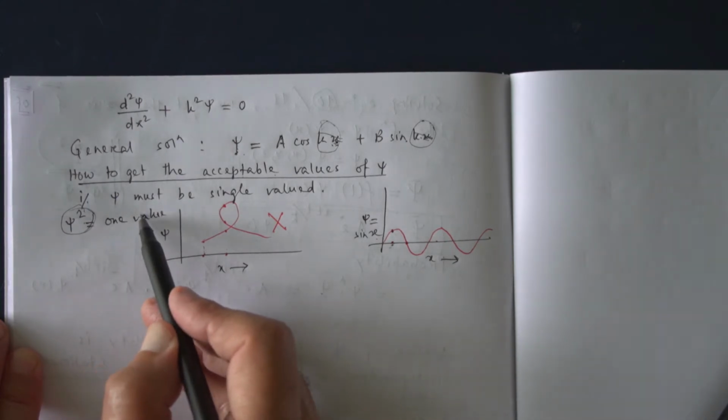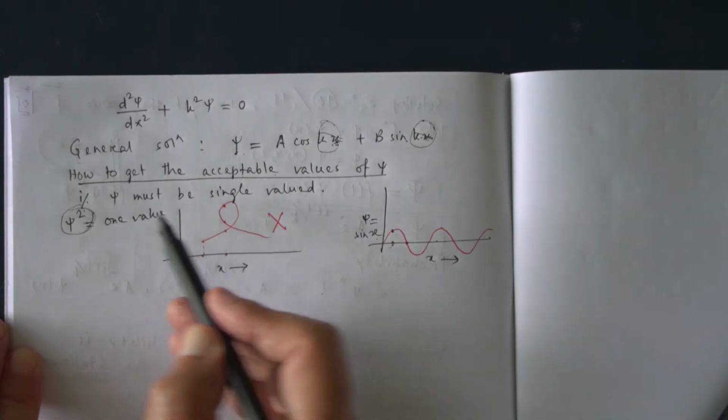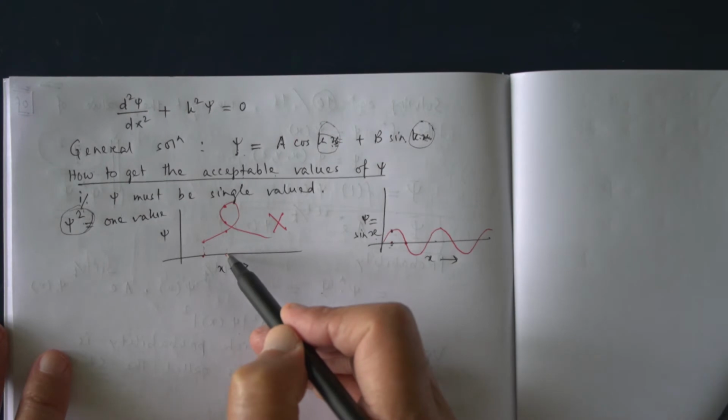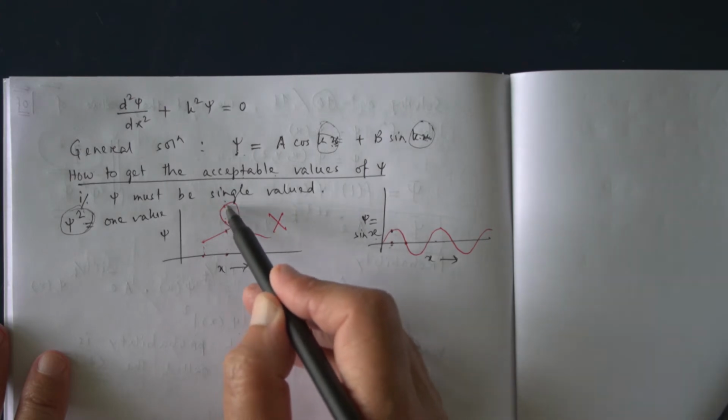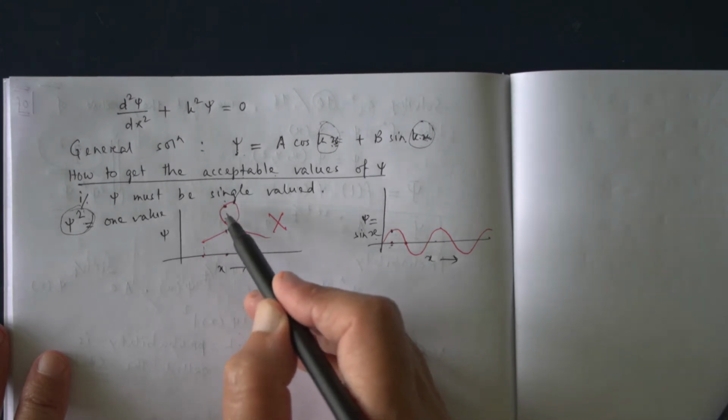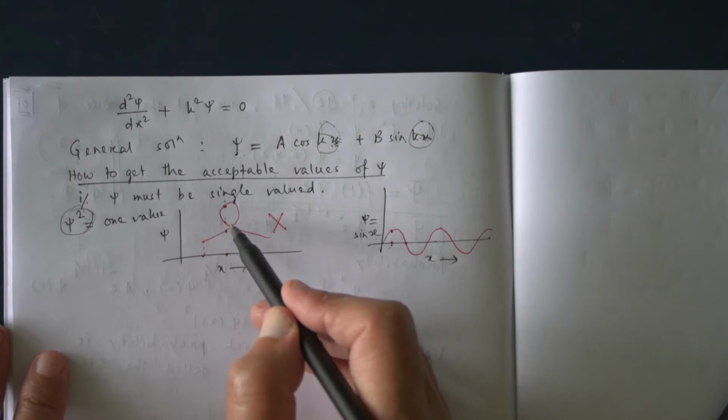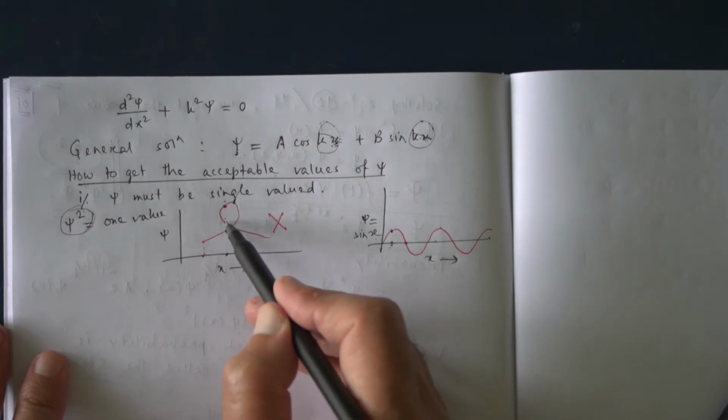But here at this value of x, we will get three values of psi, that means three values of probability. This type of result creates problem. It is difficult to explain this type of result.